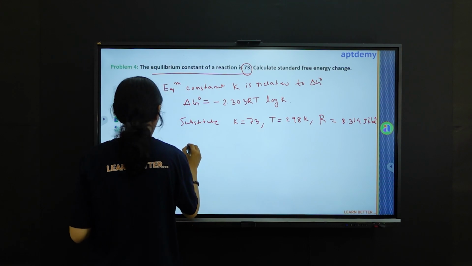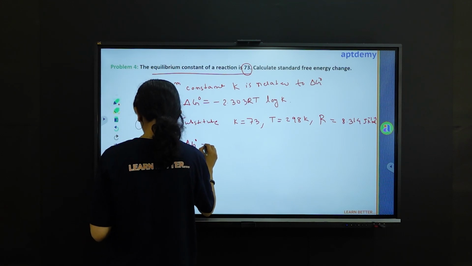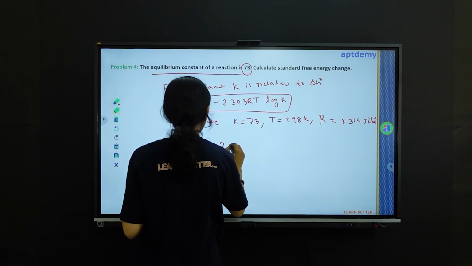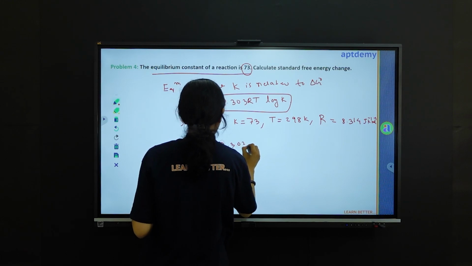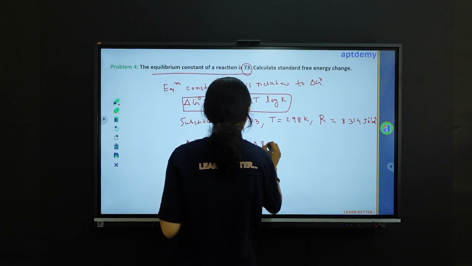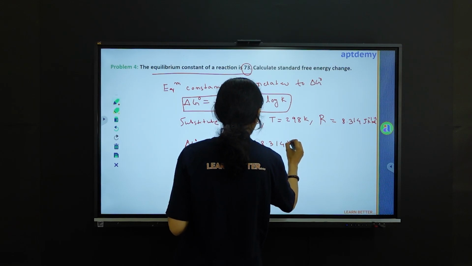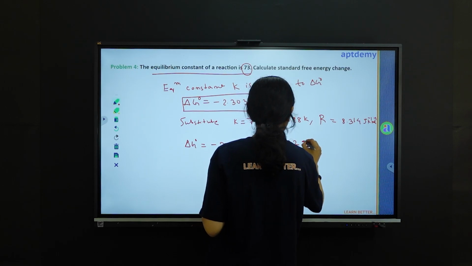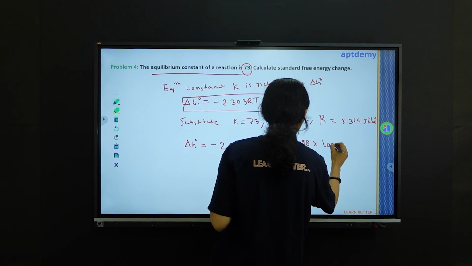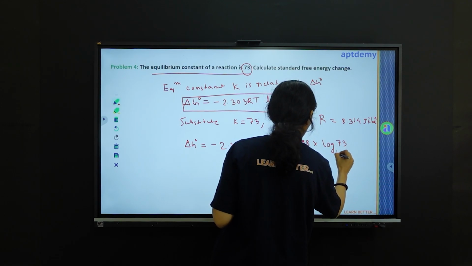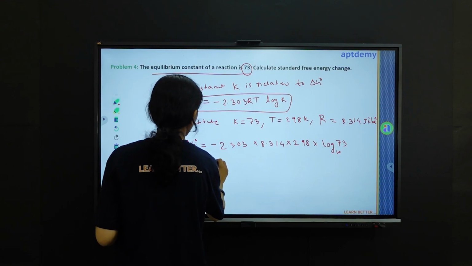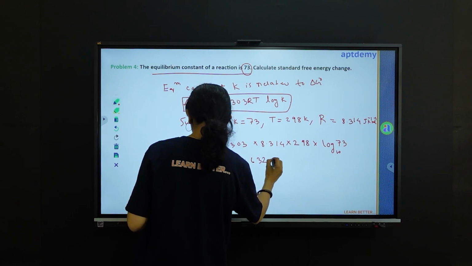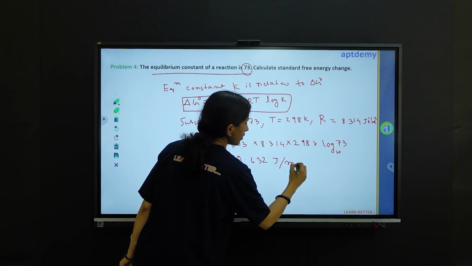Then ΔG° can be written from this equation as minus 2.303 times R, which is 8.314, times 298, the temperature, times log 73, that is log K. If you solve, you will get minus 10.632 joule per mole.